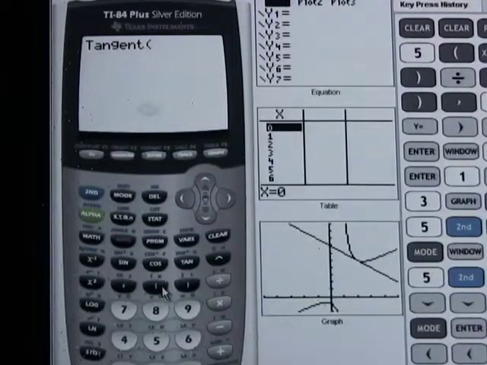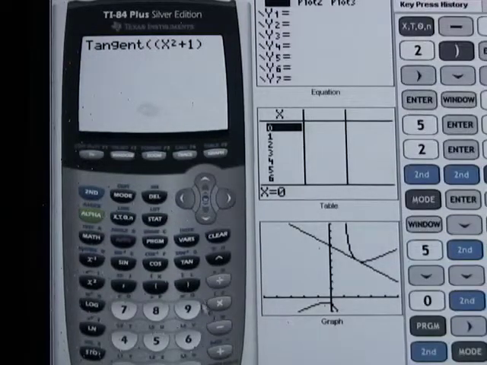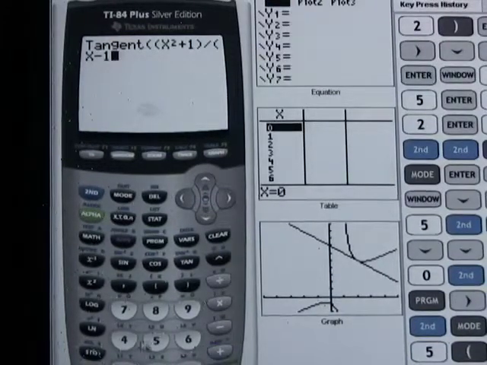So that will be parenthesis, the x variable, square it, x squared plus 1, close parenthesis, divided by, parenthesis, the denominator is x minus 1. Alright, so you got the function down there.